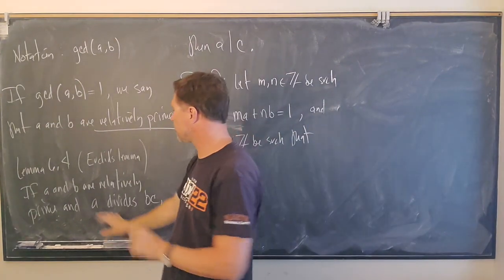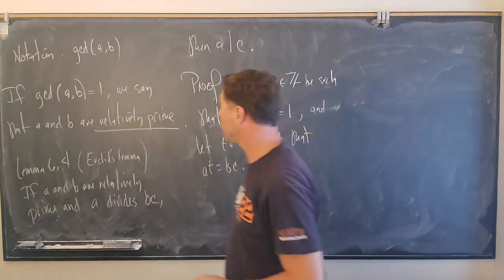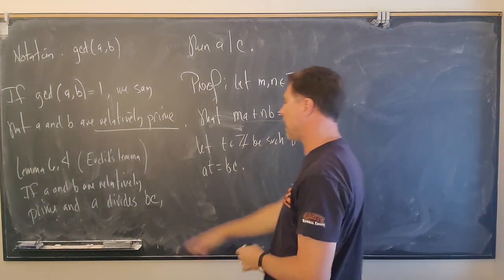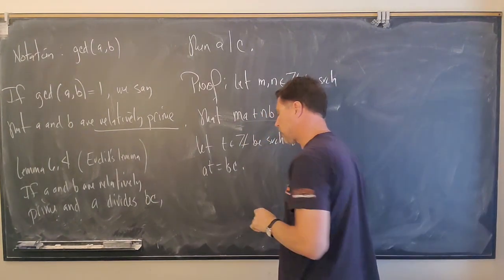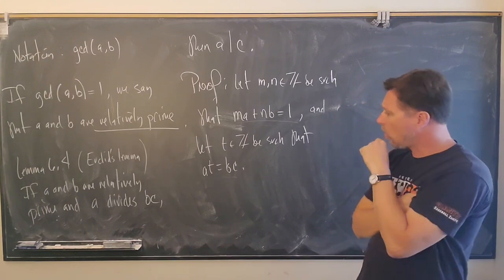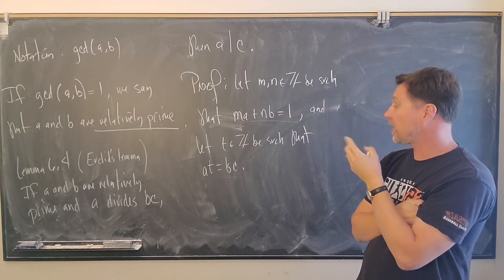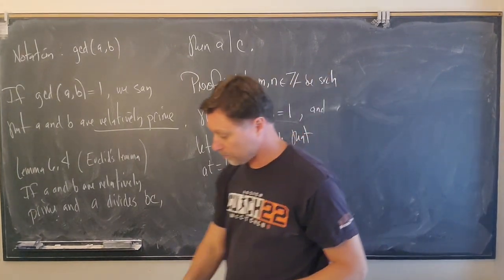All right, so I've used the two facts that we have here. We know that A and B are relatively prime, that's the first part, and then we know that A divides BC, so we have the second part right here. Okay, now what's the goal? We want to show that A divides C, which means that we need C to be a multiple of A.